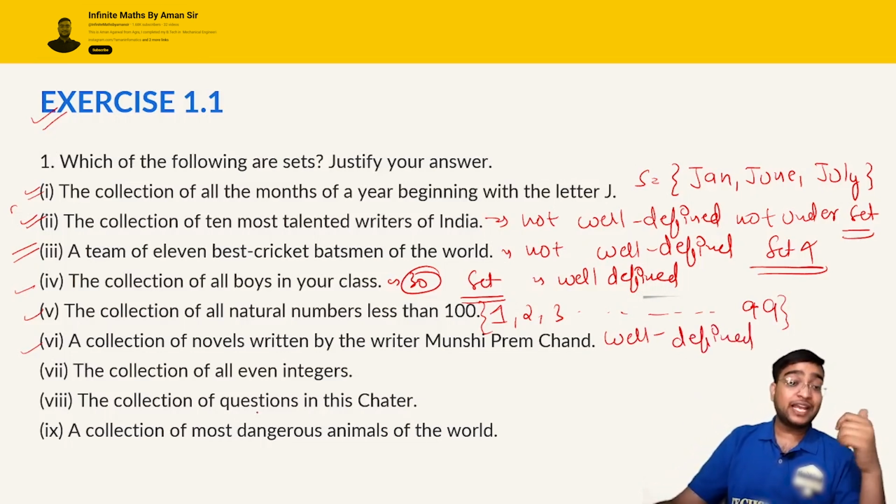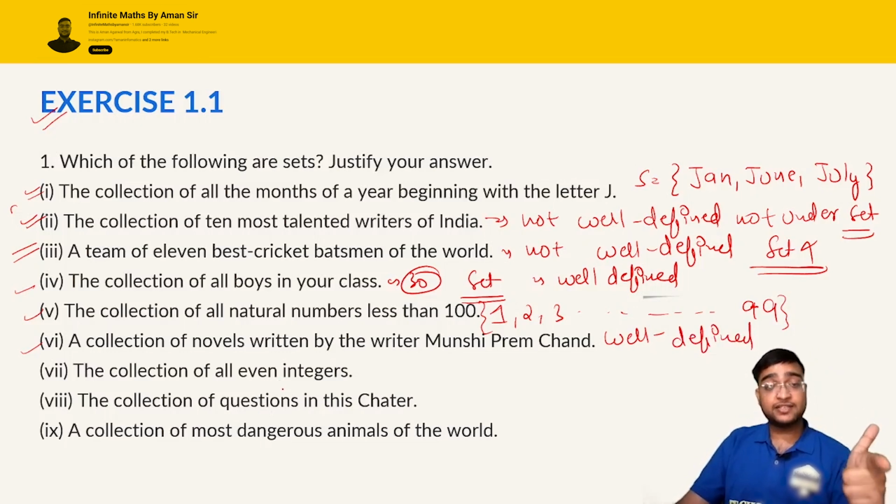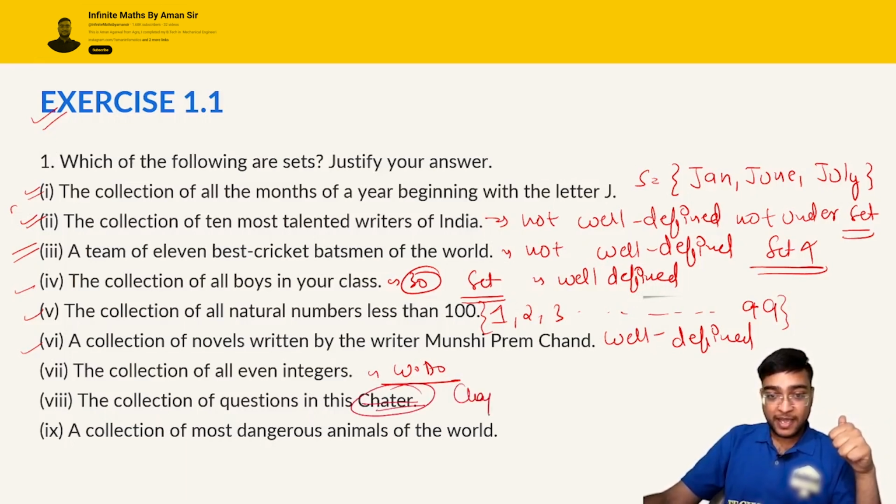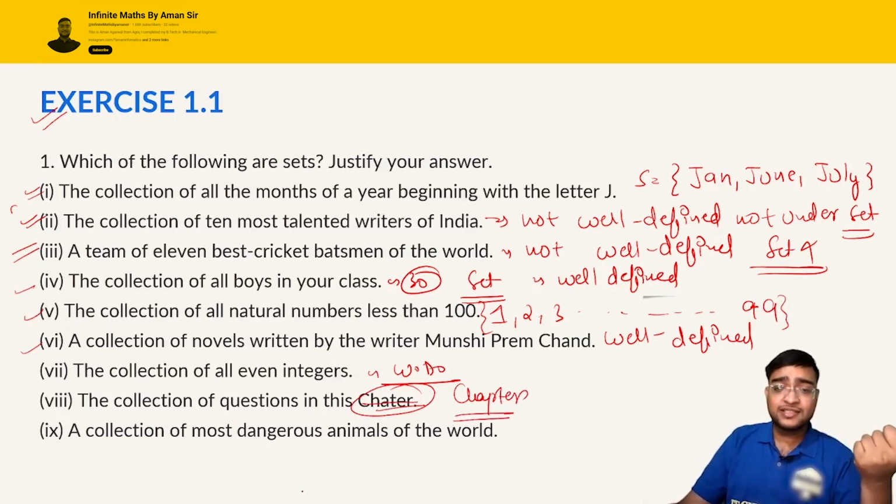The collection of all even integers is also well defined, because the even integers for you and me are the same. So this is also well defined. The collection of questions in this chapter.